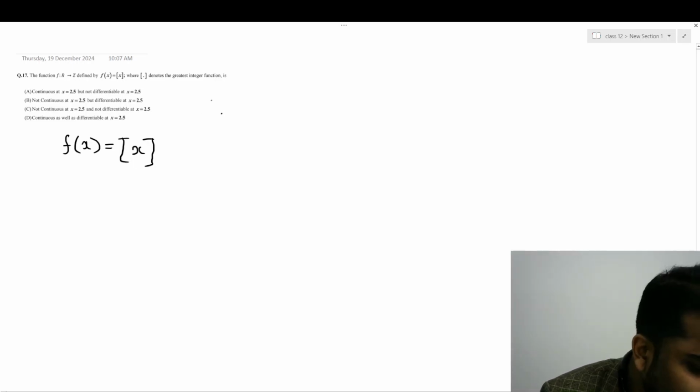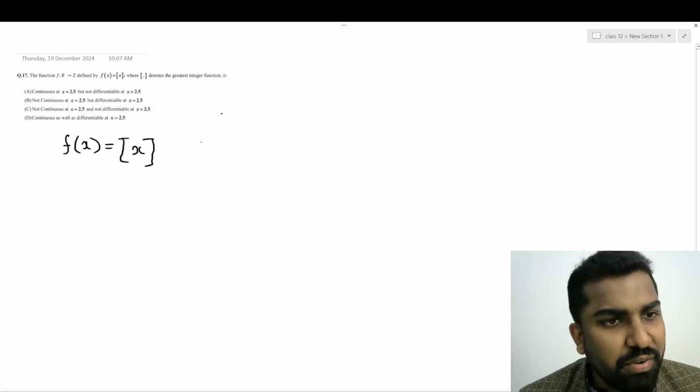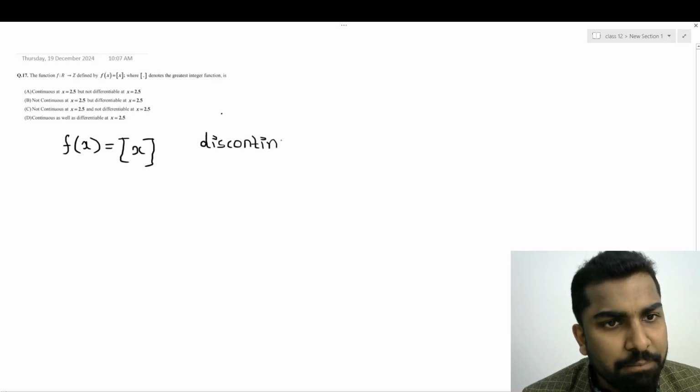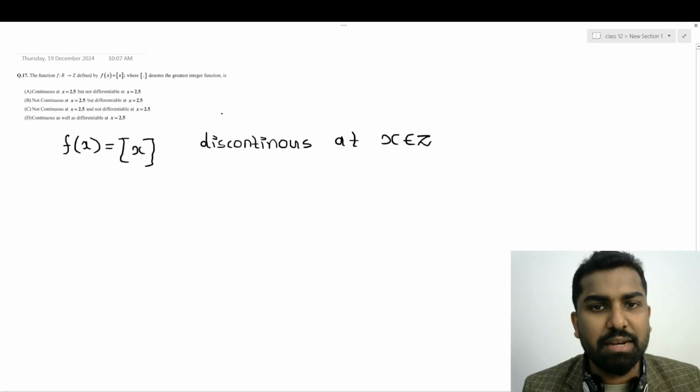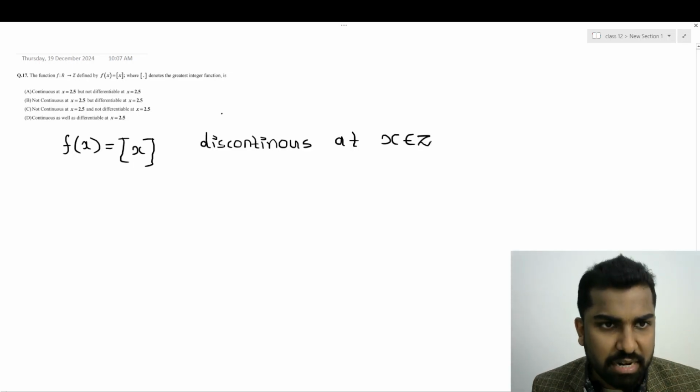So GIF, you have to understand this function is discontinuous. I hope many of you know the idea. The function is discontinuous at x is an integer. When x is an integer, the function is discontinuous.